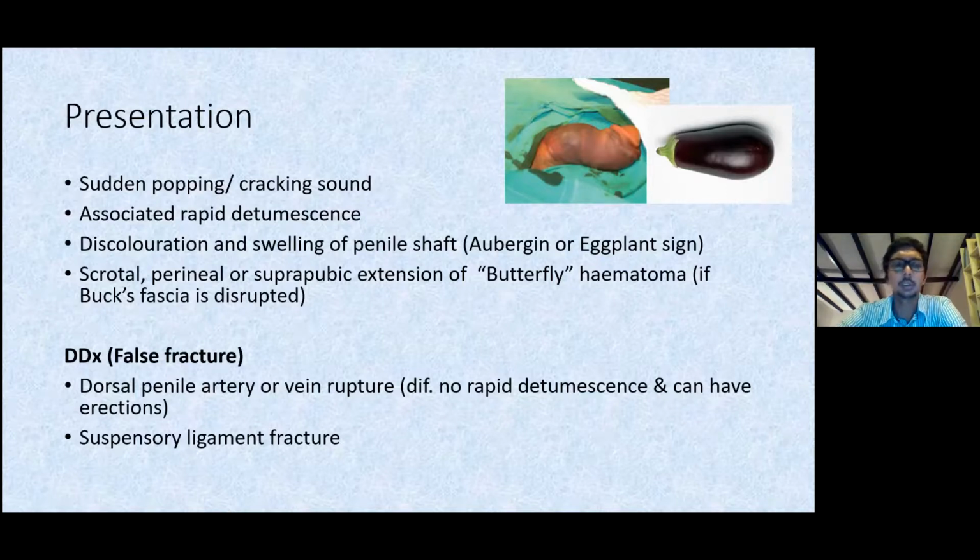For differential diagnosis, we have to consider vascular rupture and also suspensory ligament fracture. These can be identified clinically because there may not be rapid detumescence as with penile fracture, and with suspensory ligament fractures there is increased mobility, but the patient can achieve erections after the event.